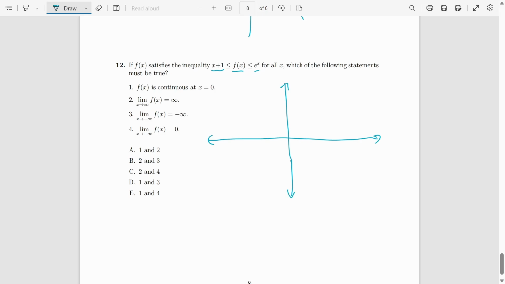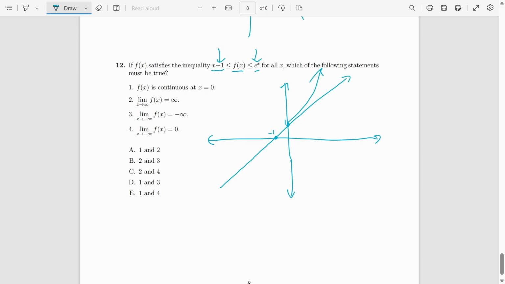So let's do these two functions first. X plus 1 touches there, which is 1 and negative 1, and it's a big straight line, right? And then e of x, I believe that would end up looking like that there.